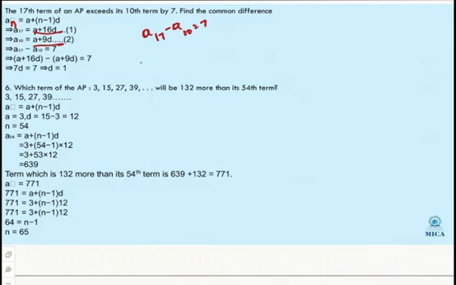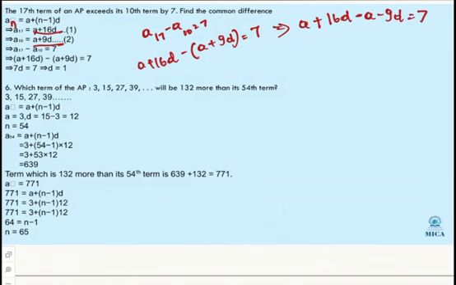So instead of a17, we can put a plus 16d minus a plus 9d is equal to 7, which implies a plus 16d minus a minus 9d is equal to 7. A and a get cancelled. 16d minus 9d is equal to 7.